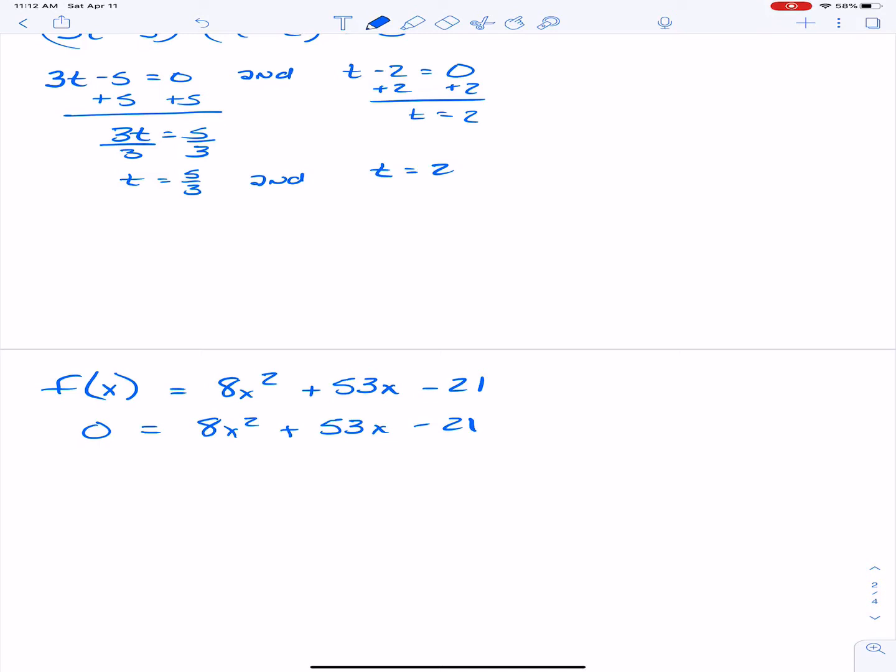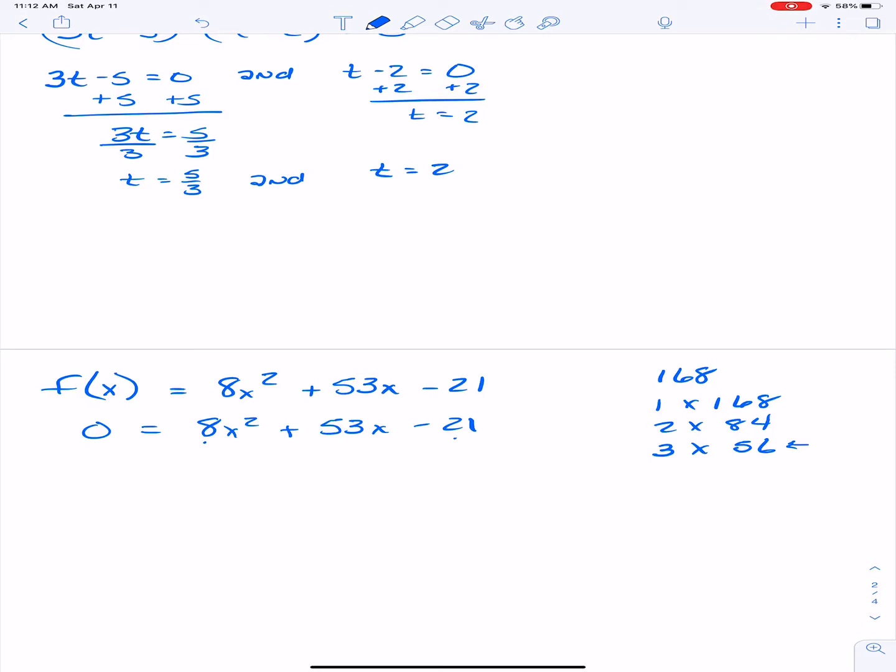Well, here we go. We multiply our a times our c, which is going to give me 168. And don't panic, it's a big number, but we can still do it. Look at this. So 1 times 168, 2 times 84. Then I'd start at 3 times 56. I personally know that 3 and 56 through subtraction might give me 53.